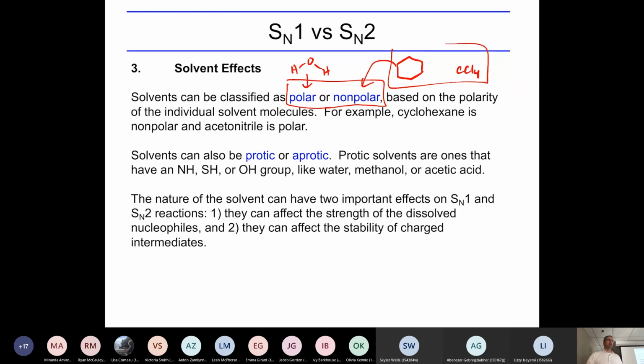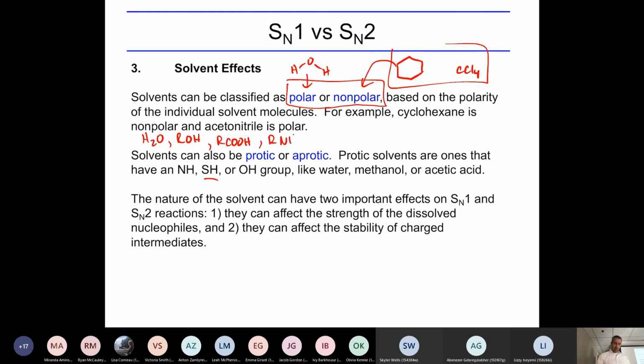Anything that can hydrogen bond, any hydrogen bonding solvent, is a protic solvent. And maybe a few other niche ones with SH. An example of a protic solvent would be water. Any alcohol is a protic solvent. Any liquid carboxylic acid is a protic solvent because it has an OH.